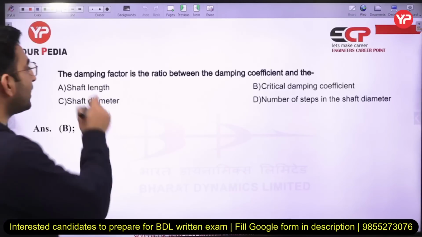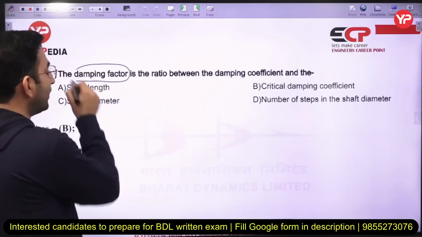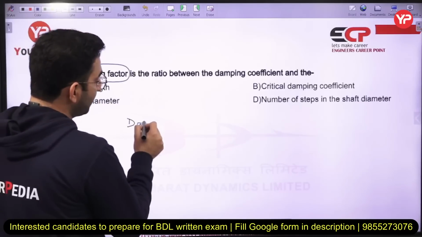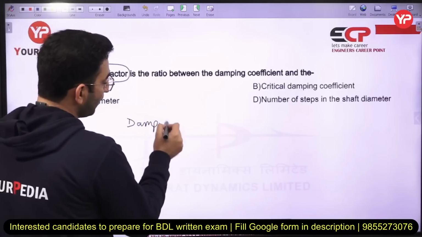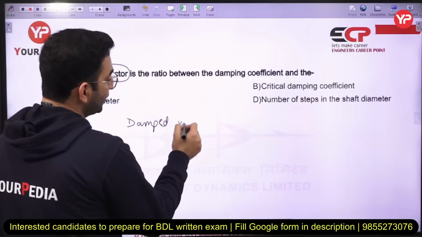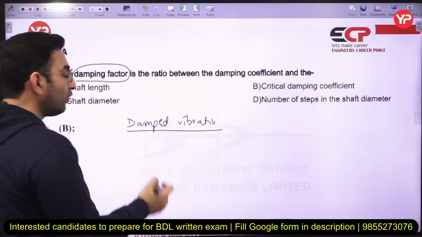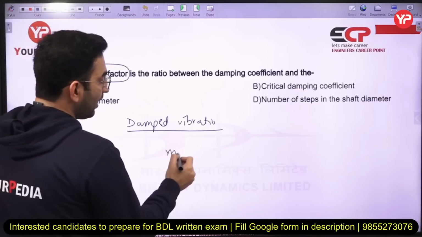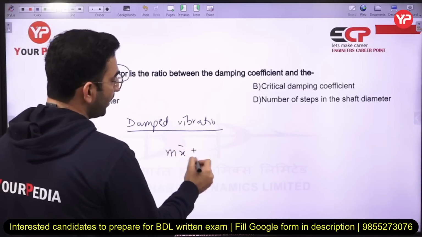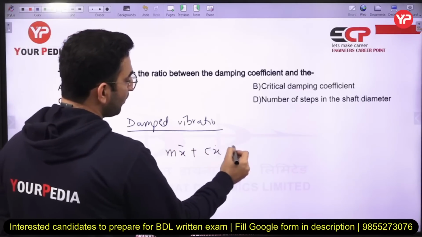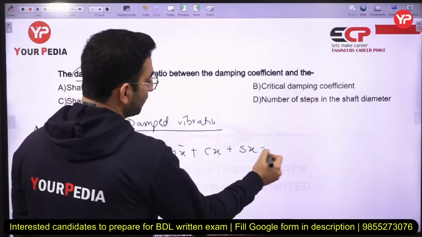Next part, the damping factor is the ratio between the damping coefficient and the what? Now just see, in the case of a damped vibration, the differential equation of the system is represented by this term here, m x double dot plus c x dot plus s x equal to 0.